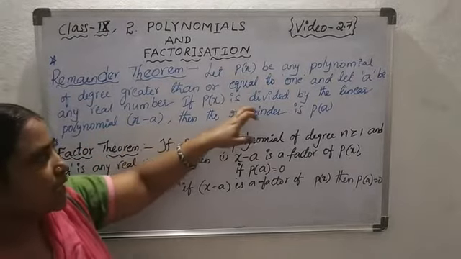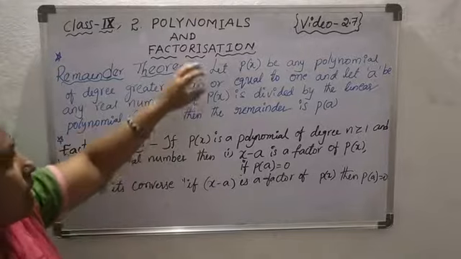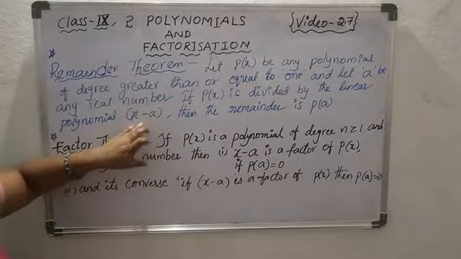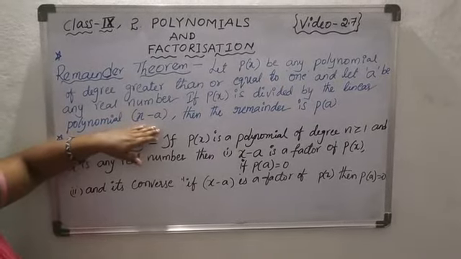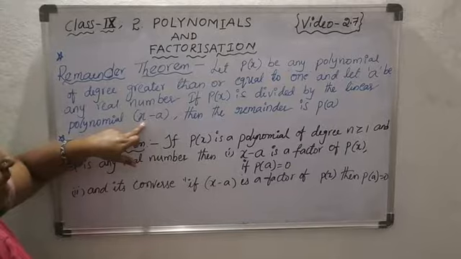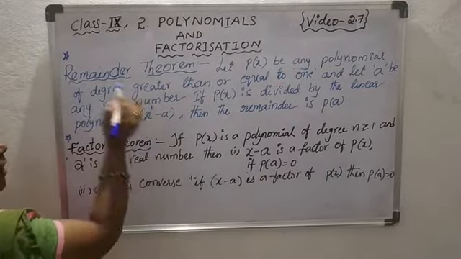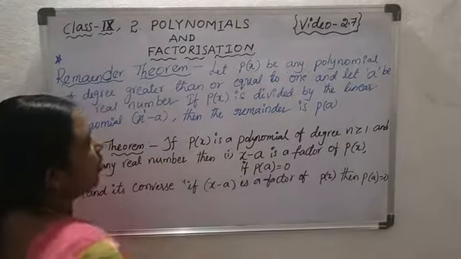If P of x is divided by a linear polynomial, we have to take only a linear polynomial. A linear polynomial means the highest degree of the variable is only 1. Such polynomials are called linear polynomials. Then the remainder is P of a.